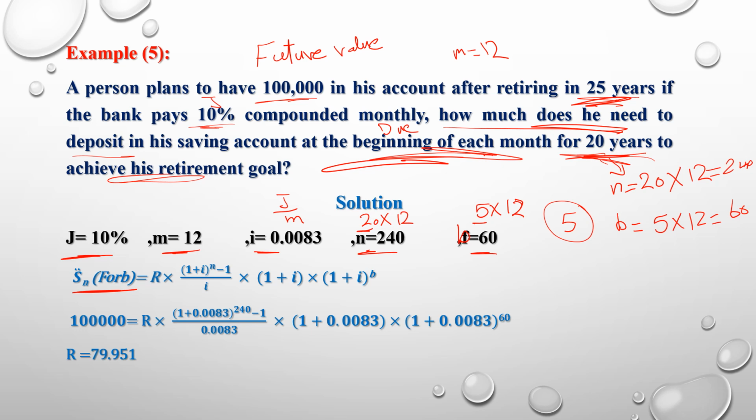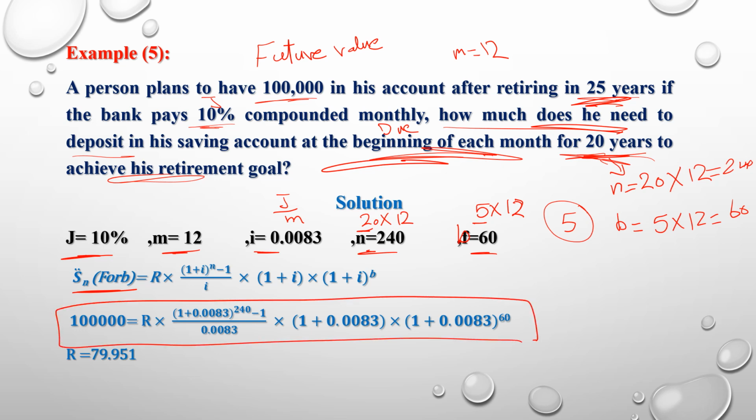By substituting the values of these quantities in this formula, we get these amounts. So we need to know the R, which is the periodic payments or the annuities. By dividing the left hand side by the right hand side, we get R, which equals these amounts.